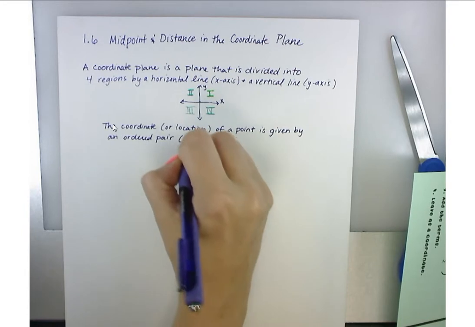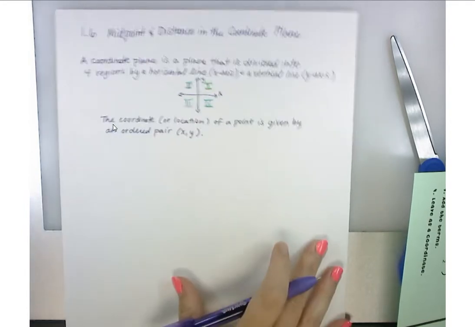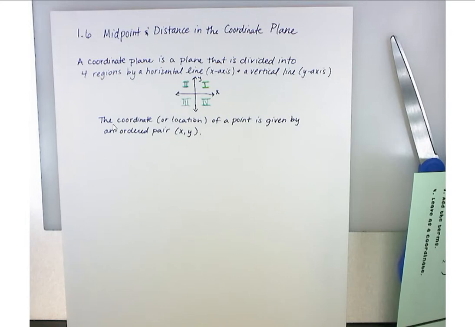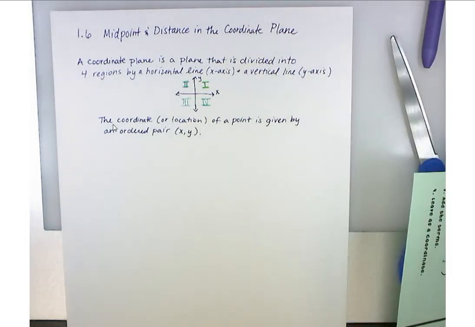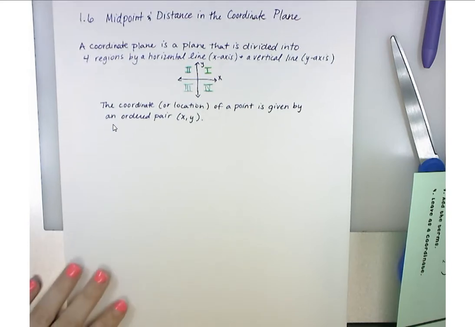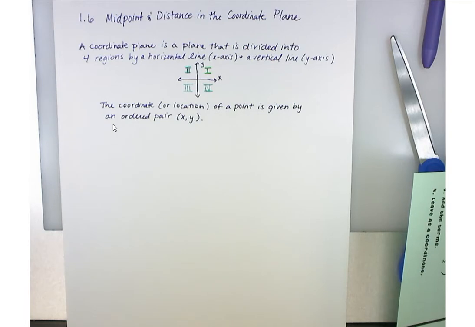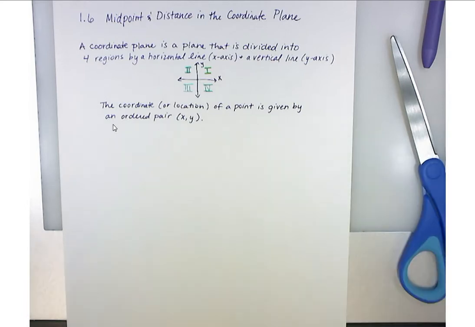The ordered pair is x comma y. So every ordered pair is going to start with x and then end with y. x is the distance horizontally, y is the distance vertically. Now, if we have more than one point, which we are going to have today, then what we're going to do is label them x1, y1, and x2, y2.